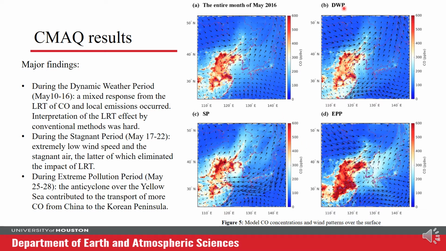For the dynamic weather period, we saw a mixed response of long-range transport and local CO. For the stagnant period, it was mostly local emissions, and for the extreme pollution period, transport was happening from the China region to the Korean Peninsula. But the raw hypothesis from the Eulerian output is that high CO concentrations and average wind toward the receptor cause the high peaks in the receptor.